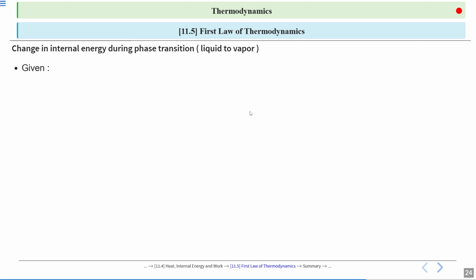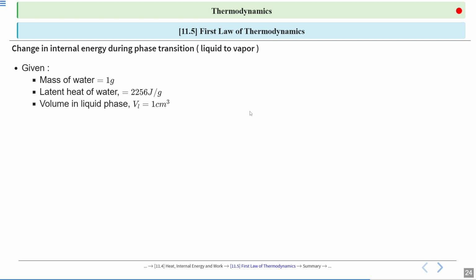Change in internal energy due to phase transition, liquid to vapor. Given: mass of water 1 gram, latent heat of water 2256 joule per gram, volume in liquid phase V_L is equal to 1 centimeter cube, volume in vapor phase 1671 centimeter cube, atmospheric pressure 1.013 into 10 raised to the power 5 Pascal.